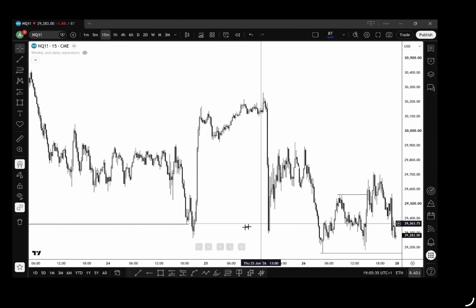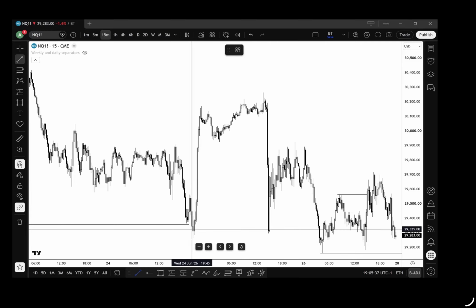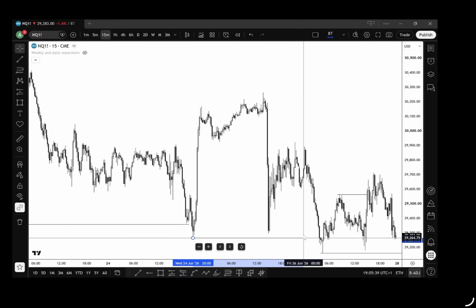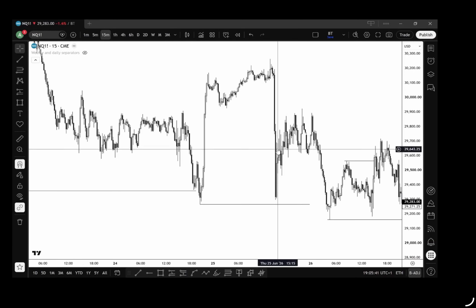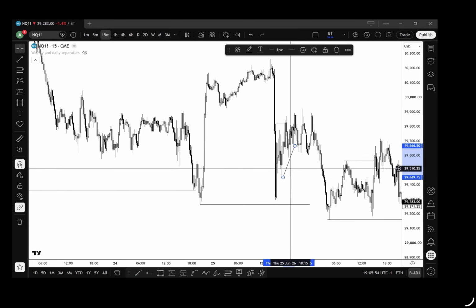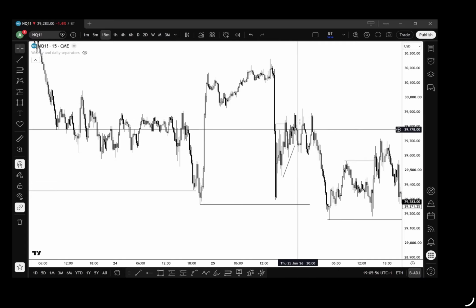Once I saw that we respected these lows, even though I took a loss here, and then we came and took out that internal inducement high, as long as there's liquidity to target, I'm fine with taking that trade.